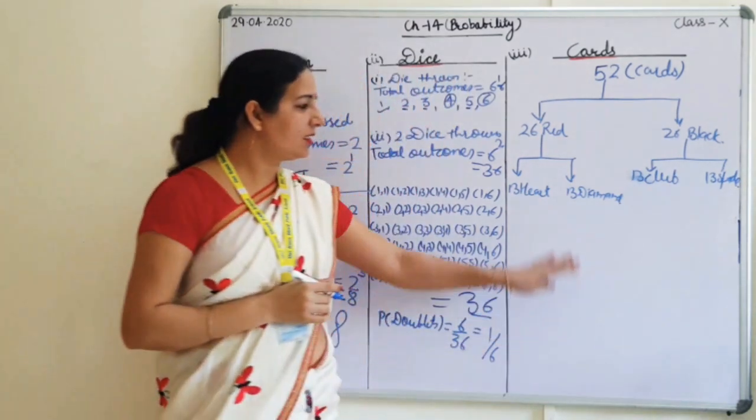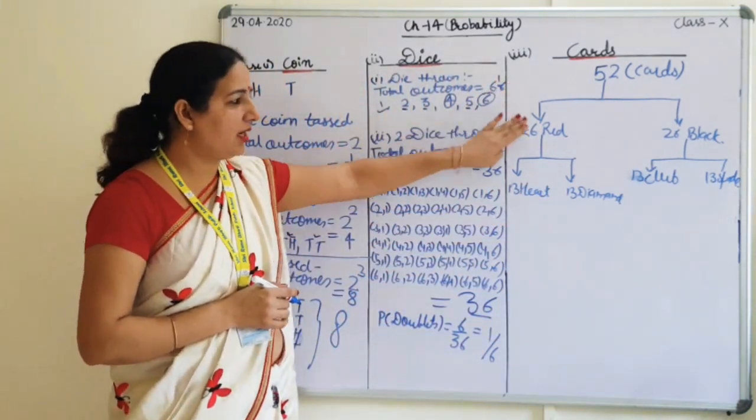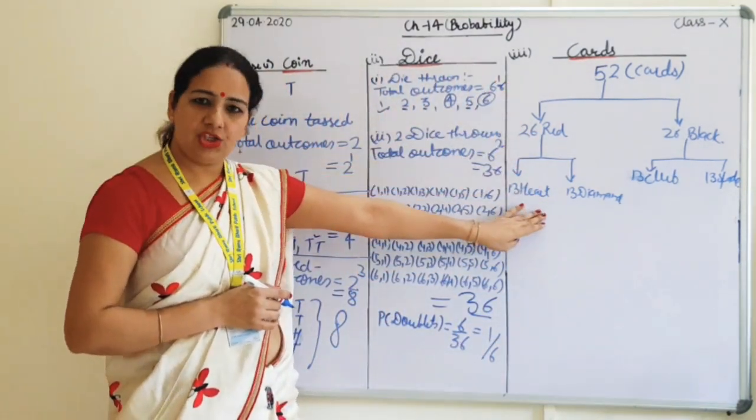Fine. So this is the division of the cards in color, then color in shape.